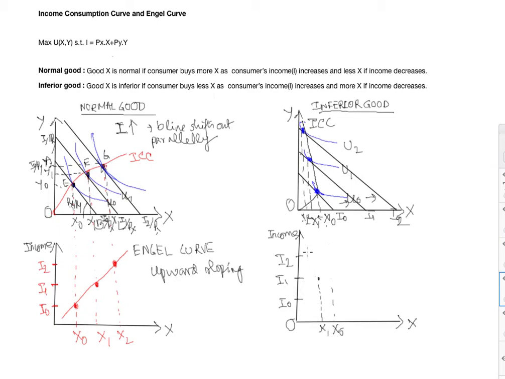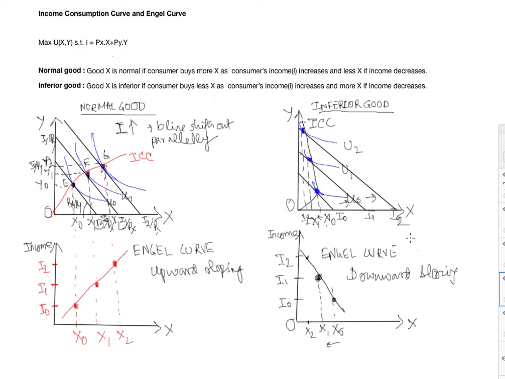And finally this is X2. If we join these points, this is the Engel curve for an inferior good.